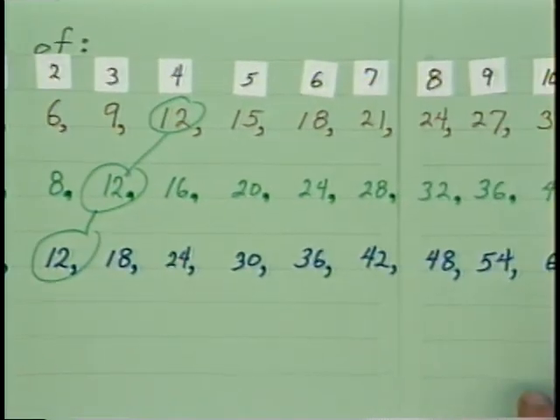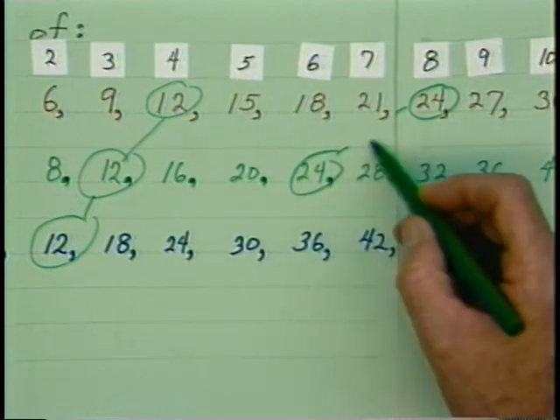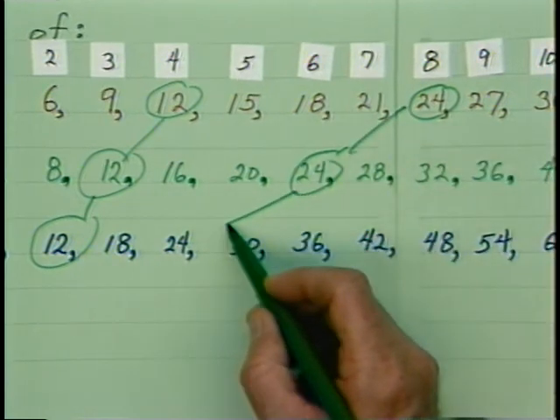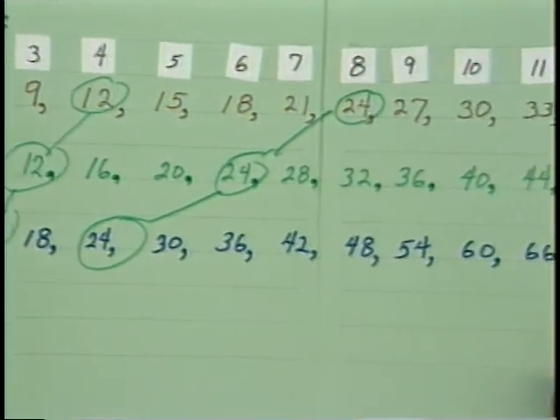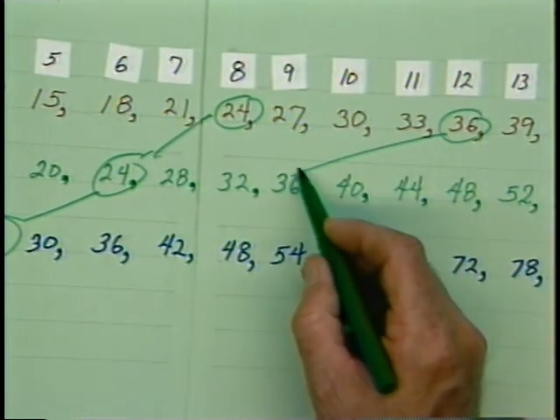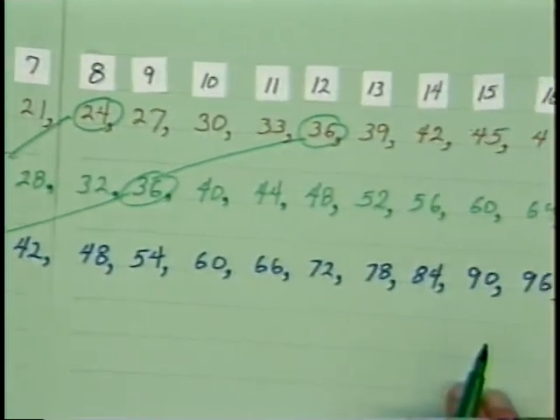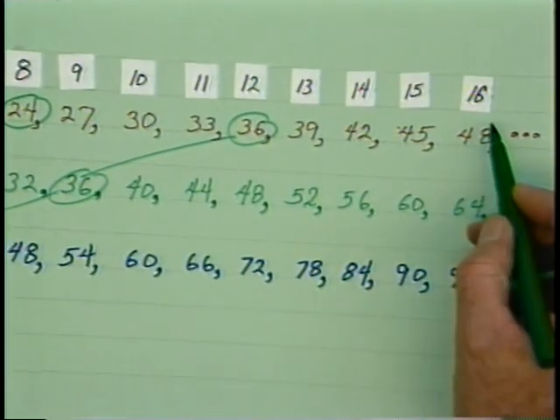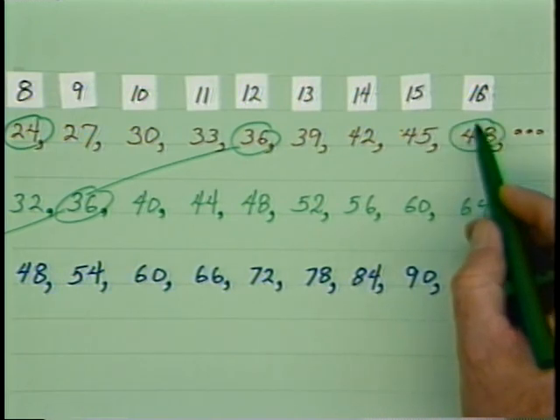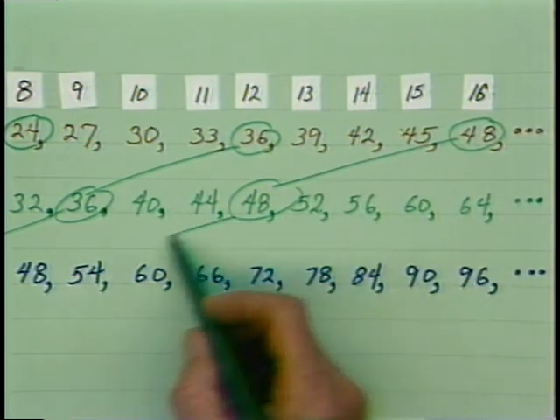So if we search a bit, we will find that 24 is common to each of my lists. If we search again, we would find that 36 is common to each of the lists. If we search some more, we find that 48 is also common to each list.